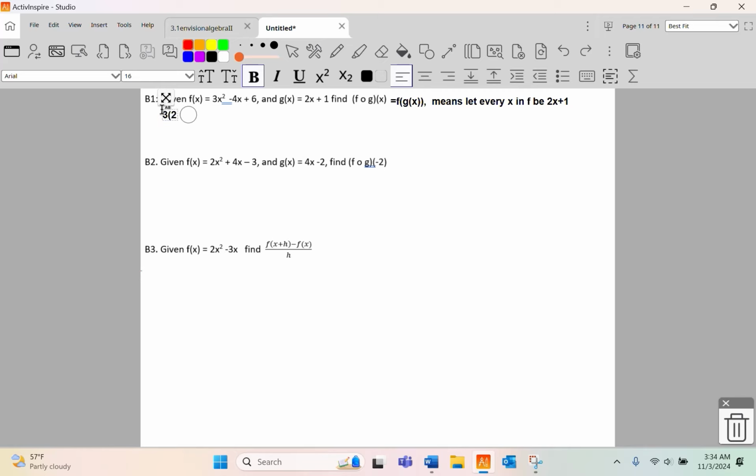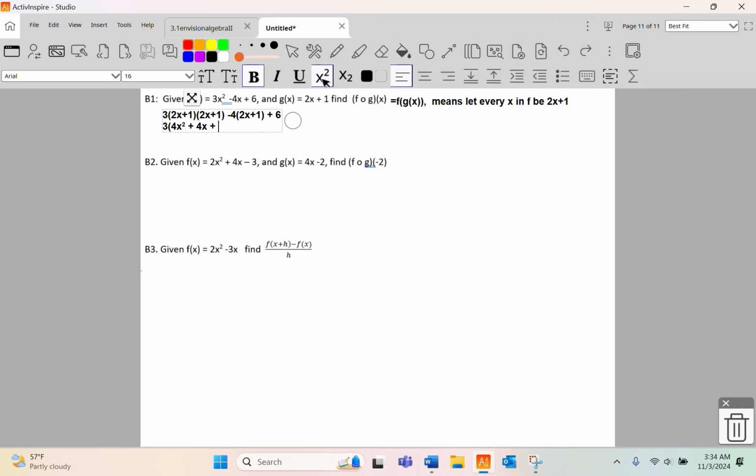So let's see here. That x is going to get replaced with 2x plus 1. It's squared, so I'm going to write it twice. I see an x. It's also going to be 2x plus 1. Then I have a 6. So if I do the FOIL method or double distributive property on 2x plus 1, I would have 4x to the second plus 4x.